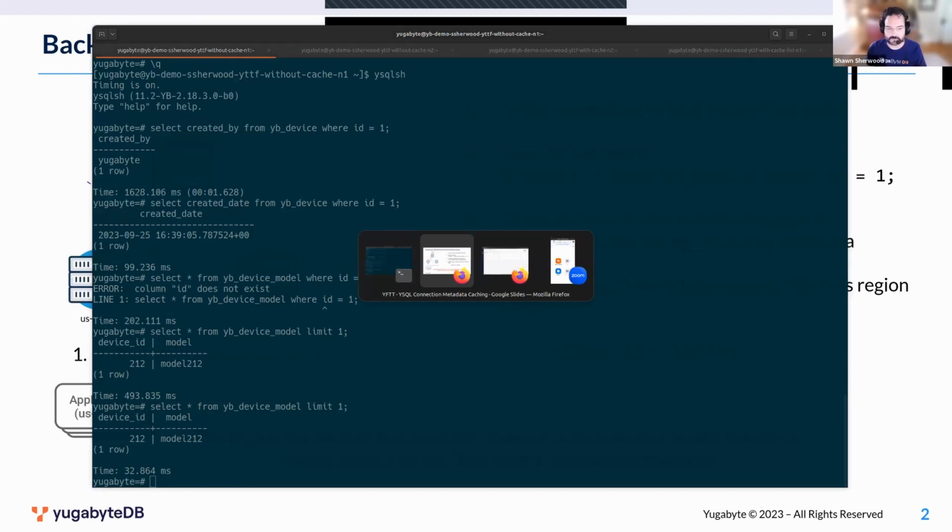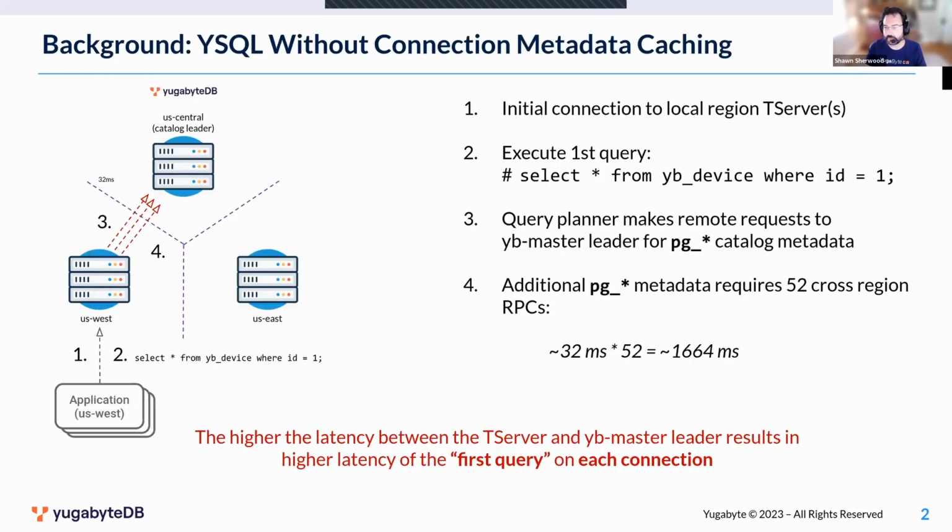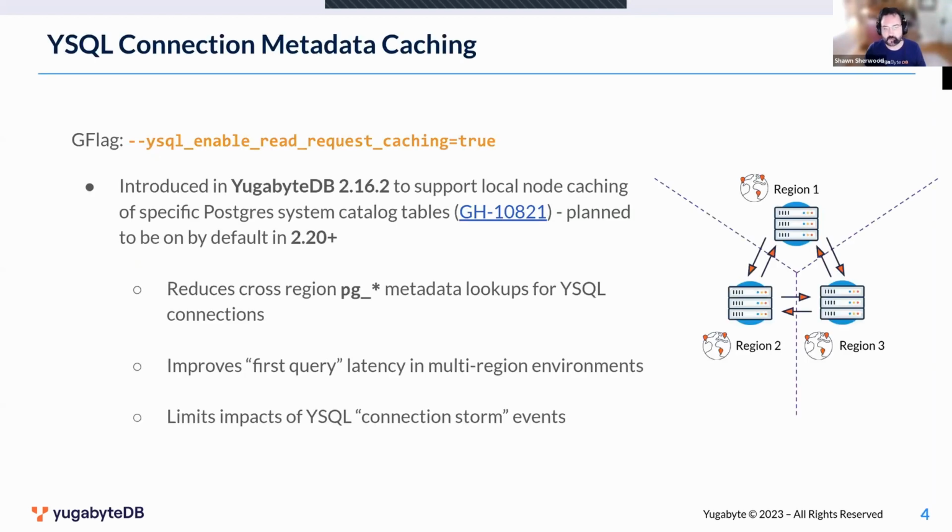And I'll actually talk a little to that with the connection caching feature enabled. As I said, in 2.16 we added this capability. There's a gflag, and it's not on by default: ysql_enable_read_request_caching. If you turn it on to true, what it effectively does is preload a handful of those PG tables and load them into a local node cache.